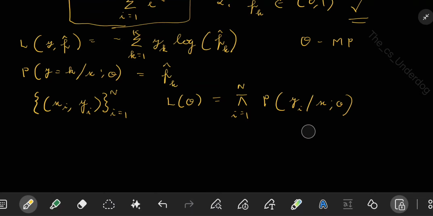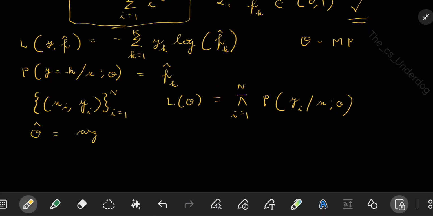Next, now I know what my likelihood is. This likelihood is to be maximized by finding the value of theta that will maximize it. I'll write that value of theta as theta cap.